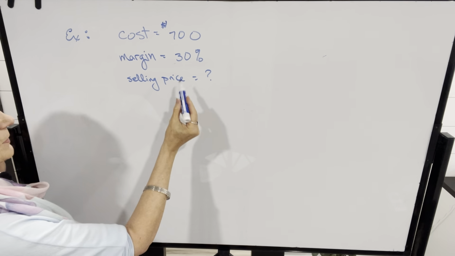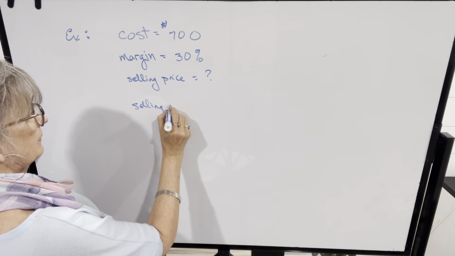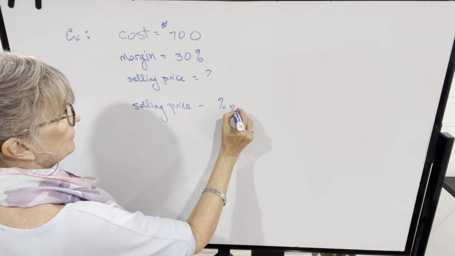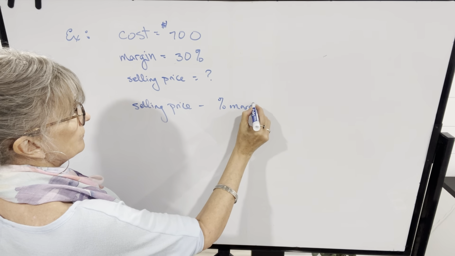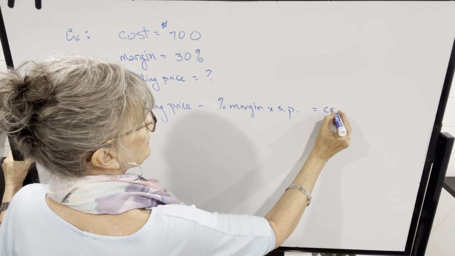So because it's based on the selling price, I'm going to use this formula, selling price minus the percent margin times selling price equals my cost.